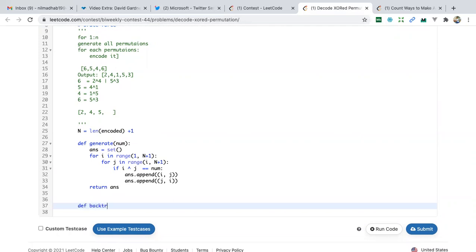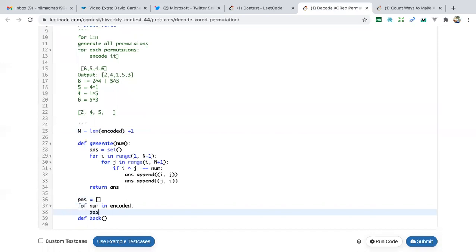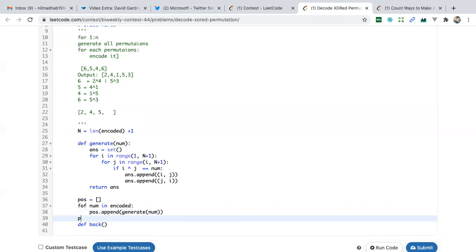Definition backtrack, and first we generate all the combinations. So possibilities will be this. For number in encoded, possibility dot append generate number, and let's print possibility.